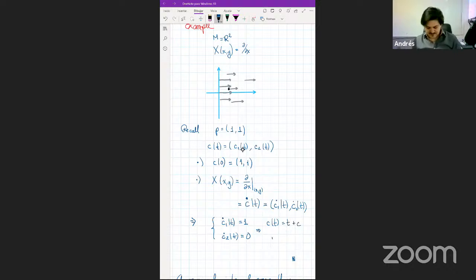And c2, let me not use c here, let me use A1, a constant. And C2 is just a constant.